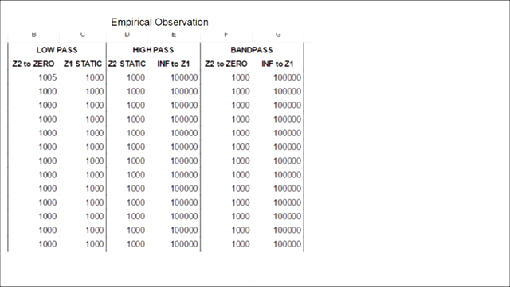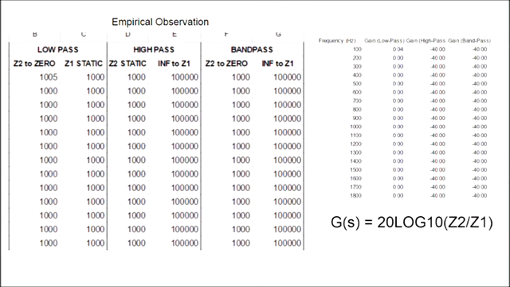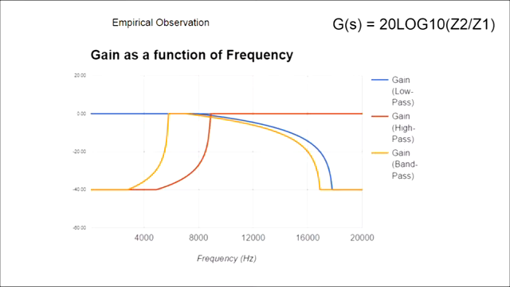Gain is computed in decibels, frequency is used for the x-axis, and gain will be on the y-axis. The resulting graph confirms our theoretical discussion. The low-pass filter shrinks the signal Vi when the frequency is high, and the high-pass filter shrinks Vi when the frequency is low. The bandpass filter has both properties and only allows a narrow band of frequencies to pass.